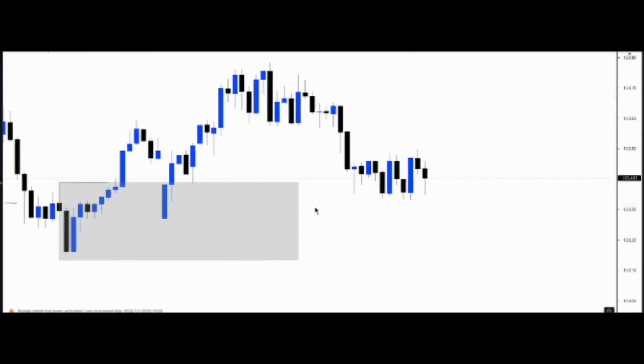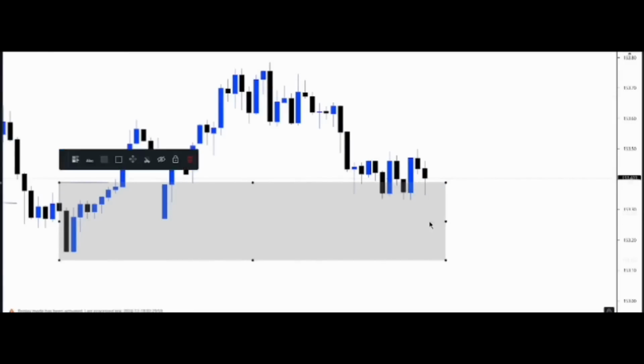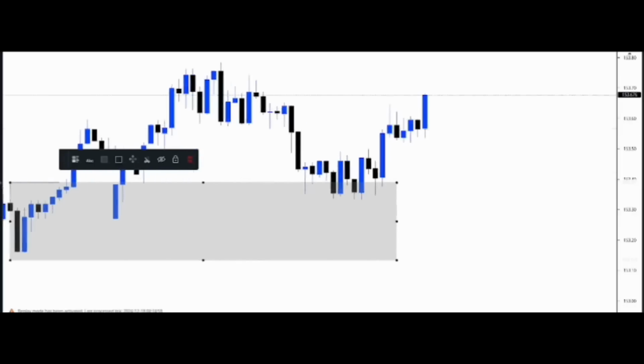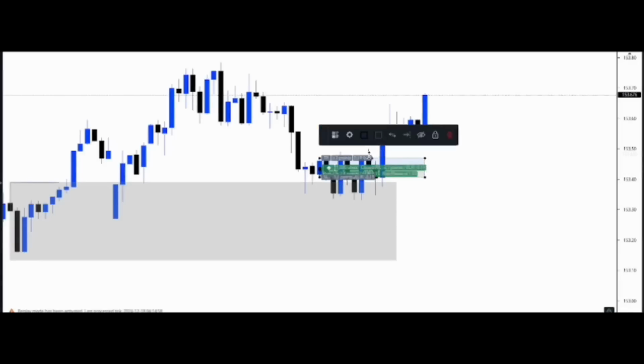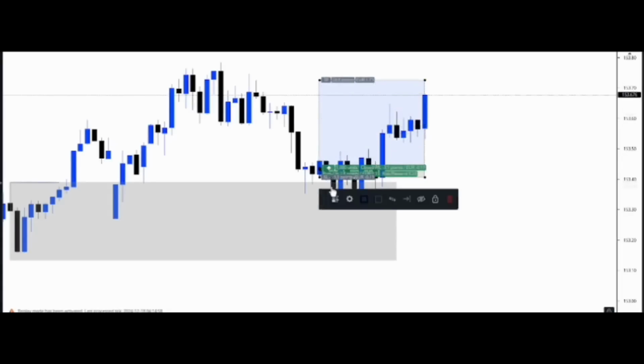Okay, so as you can see, we have been taken into the market right here. We have been taken into the market, but is it going to go our direction? We don't know yet. Now, if we frame this trade here, remember, you can go down to 1 minute to refine your zone if it's too large for you. We are going to take 1 to 3 flat, like I said.